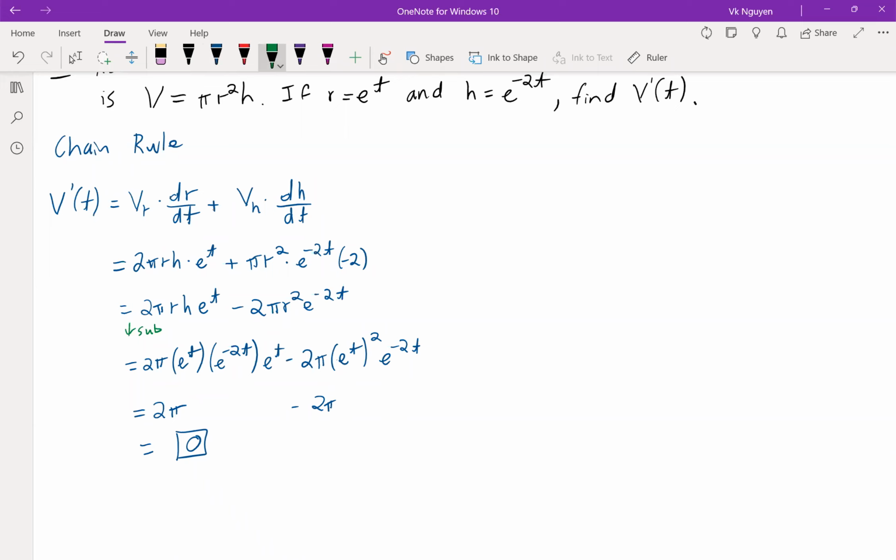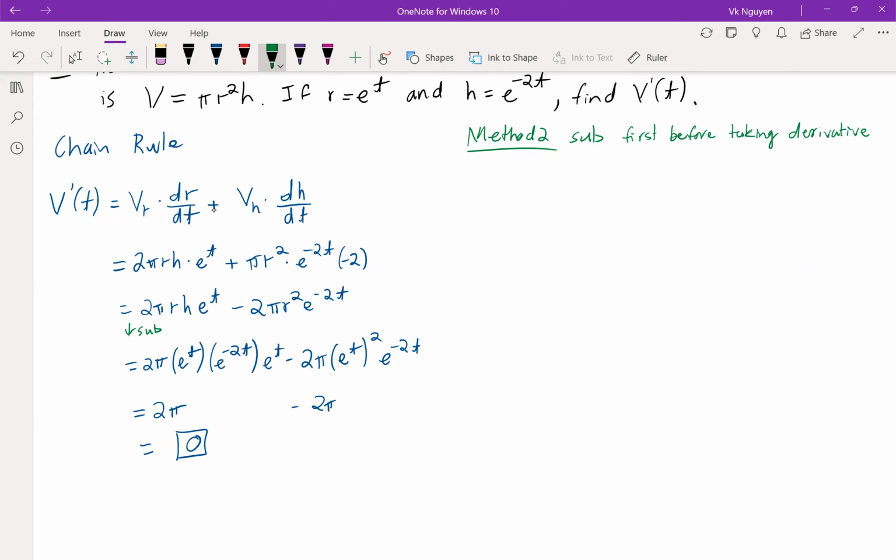You can always do the substitution before you begin to do the derivative. Method 2: substitute first before taking the derivative. Sometimes this way is faster.